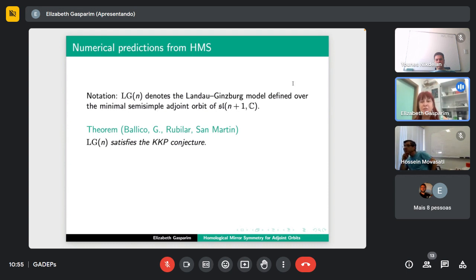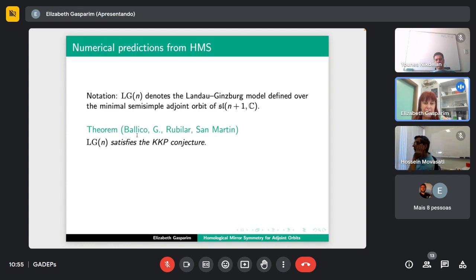This is the Landau-Ginzburg model we got, which is topologically equivalent to the cotangent bundle of projective space CP^N. Then there is something called the Kontsevich conjecture. I'll tell you quickly very soon what it is. And we showed that such orbits satisfy that.